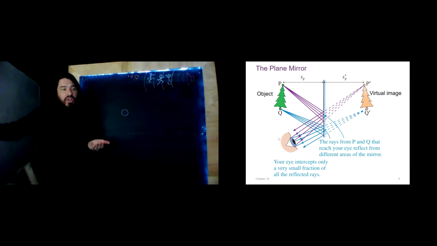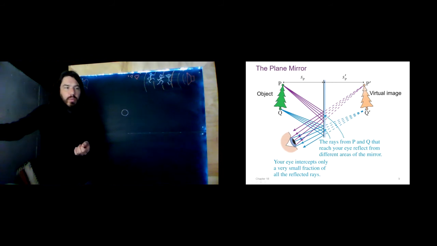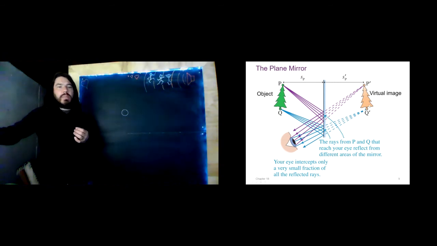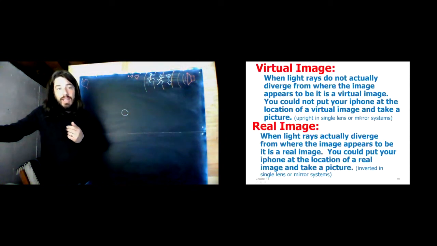So our brains interpret this as, I know where these rays are coming from. They're diverging from a point right over here. There must be a tree over here. Our brains are fooled, right? And so this image occurs because our brains are fooled into thinking that the light is coming from here. Really, it's coming from right here and bouncing off of the mirror. So this is the basic idea of forming an image.